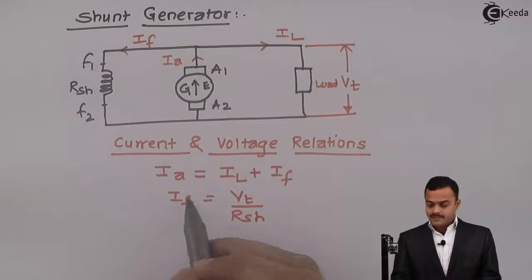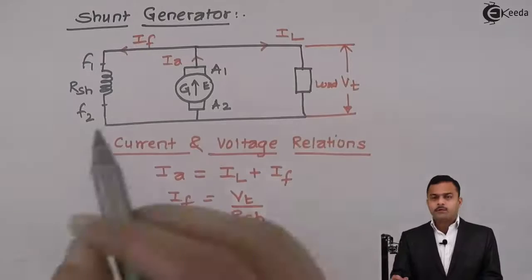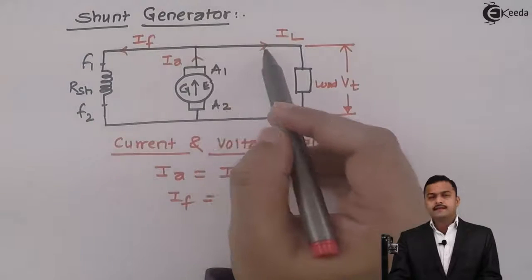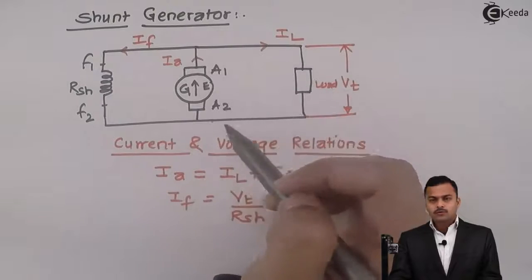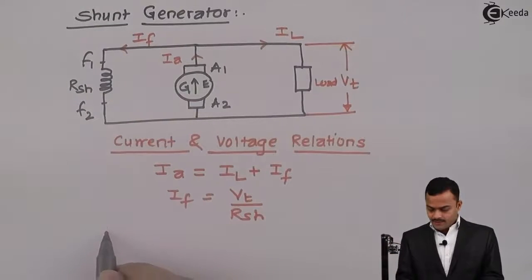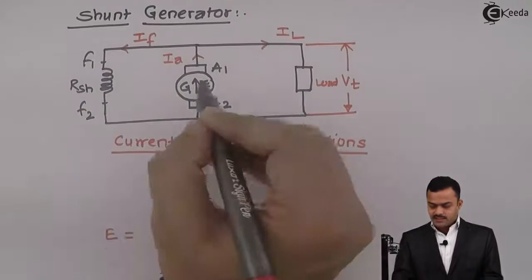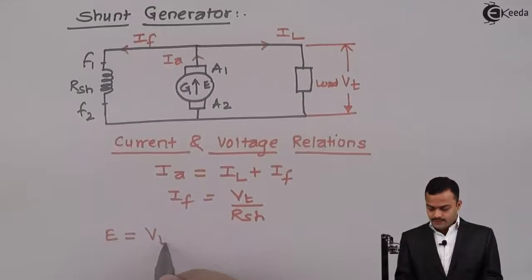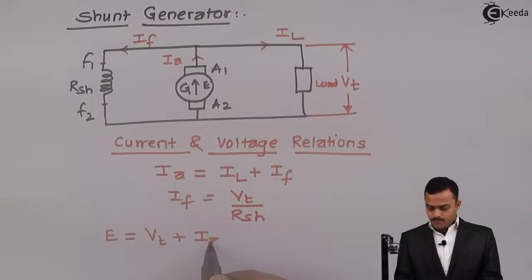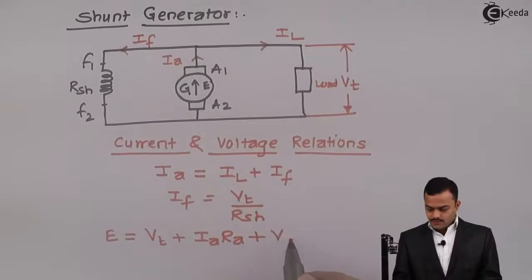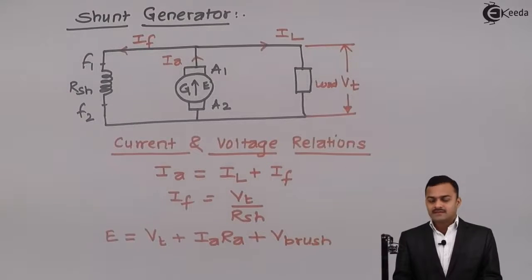So IF depends upon VT. For the voltage equation, if I apply KVL in this loop, I get the EMF induced in the armature, E, equal to VT plus the drop across the armature IARA, plus a small amount of voltage drop across brushes, V brush. So these are the current and voltage relations in a shunt generator.